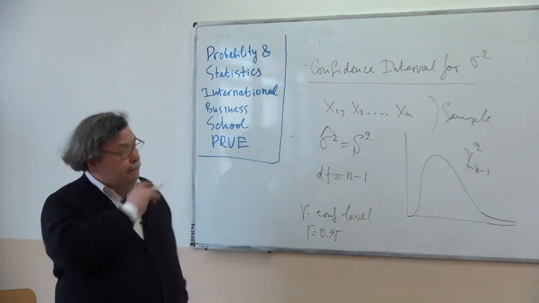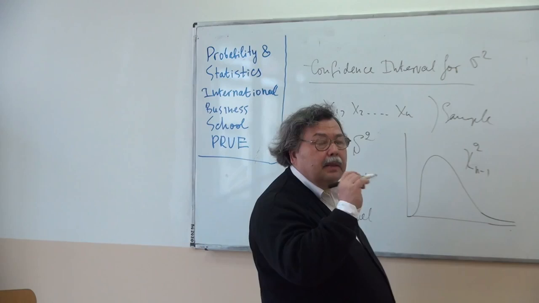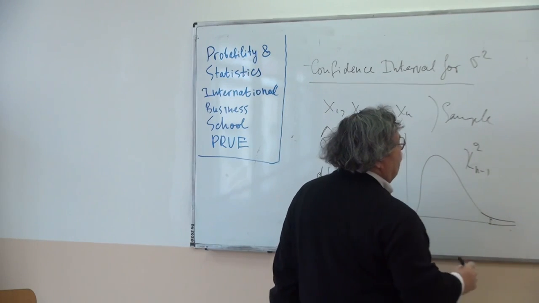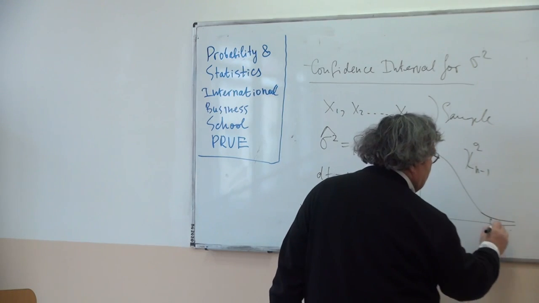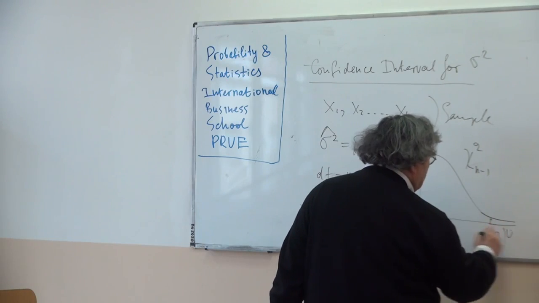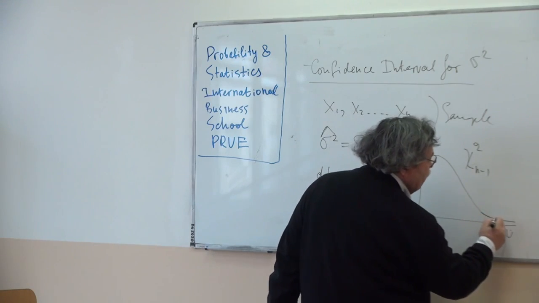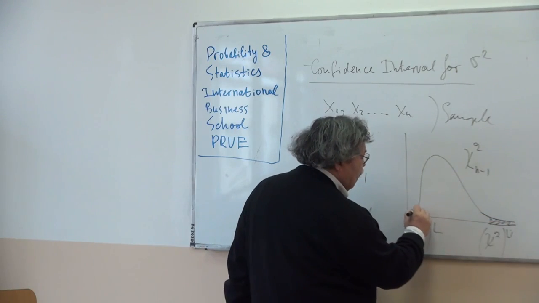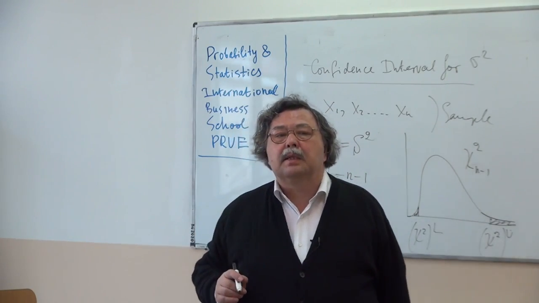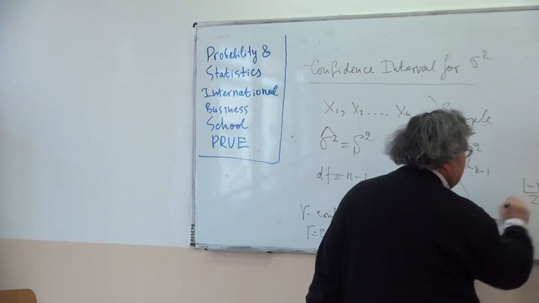And then we identify two values of this chi squared, chi squared upper and chi squared lower, and we place them in such a way as to cut off two tails, each containing the probability of (1 minus gamma) over 2.